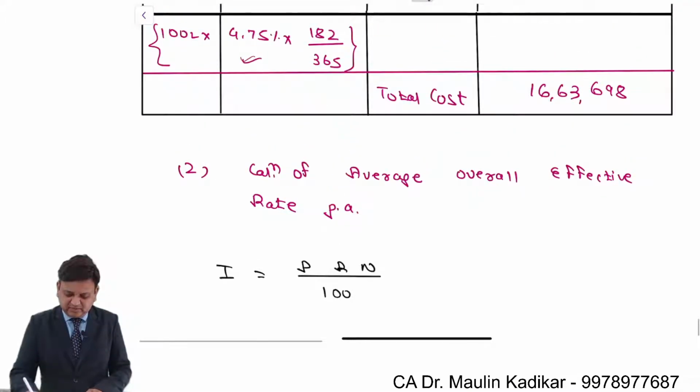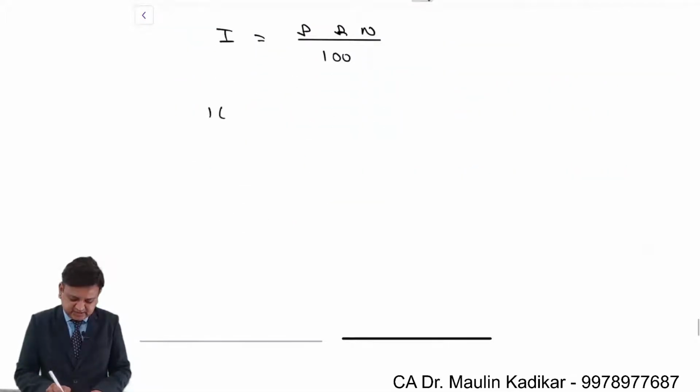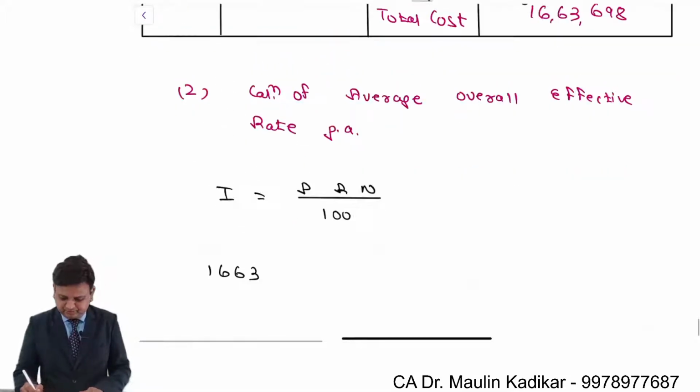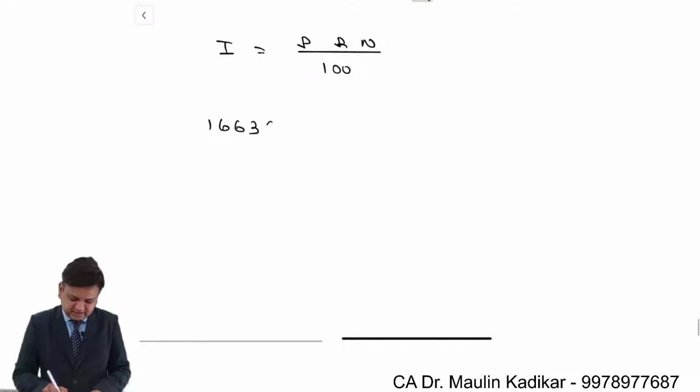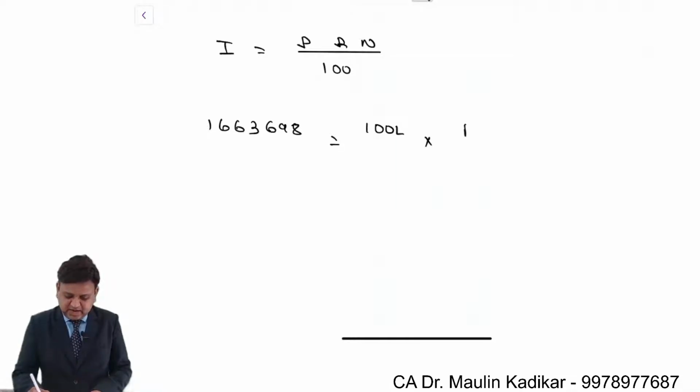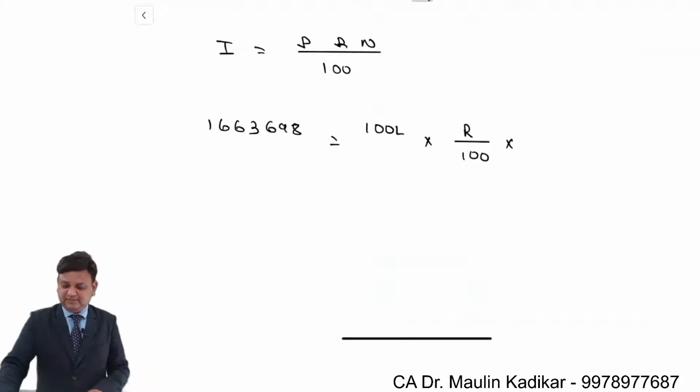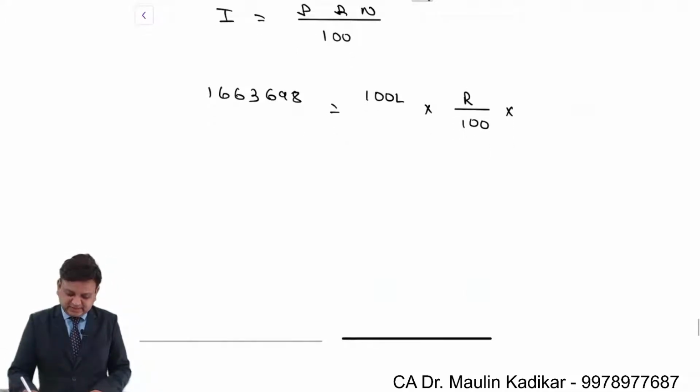Interest is calculated by us as 16,63,698. Principal, that is an amount of 100 lakhs. R is the rate of interest which we are required to compute. N is the number of days. So 365 into 3 plus 1, that is 1096, divided by 365.